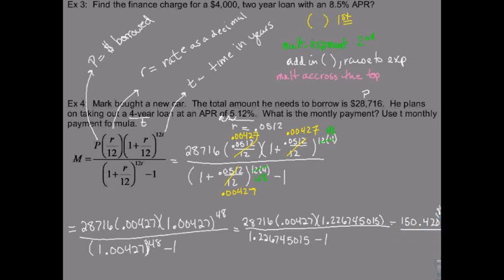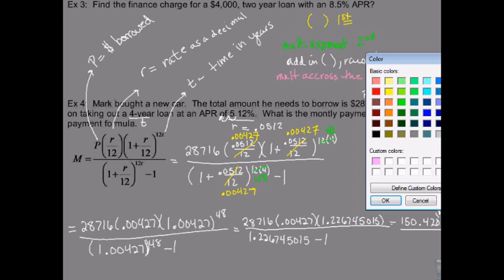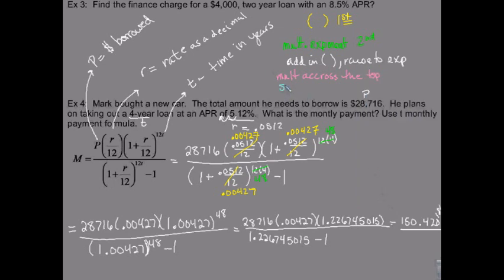I'm writing up the side, but that's just because I like to keep more decimal places. You don't have to do that. Then we subtract the bottom.